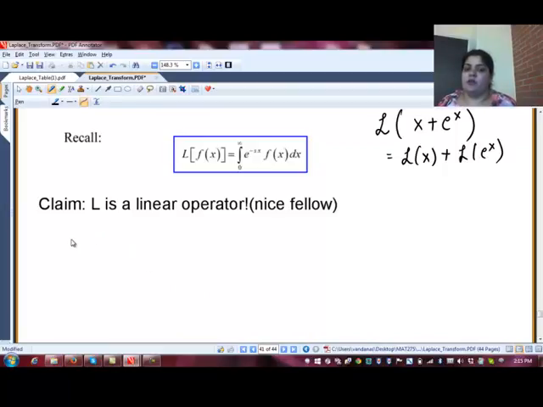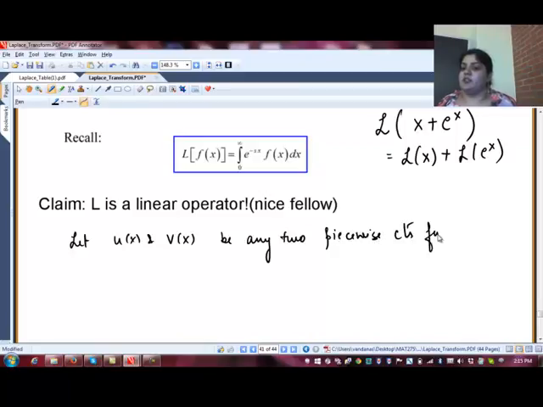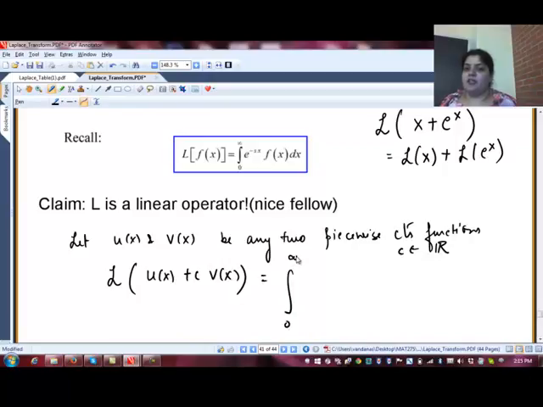Let's check. So let u(x) and v(x) be two piecewise continuous functions. Then the Laplace transform of u(x) plus c times v(x), where c is a real number, a scalar, is nothing but, by definition, the integral of e to the power minus sx times u(x) plus c times v(x) dx.